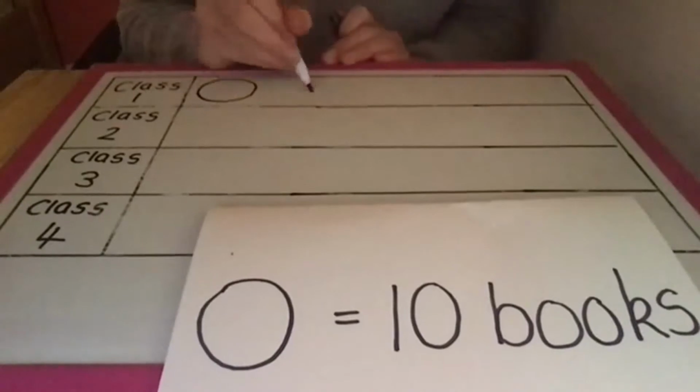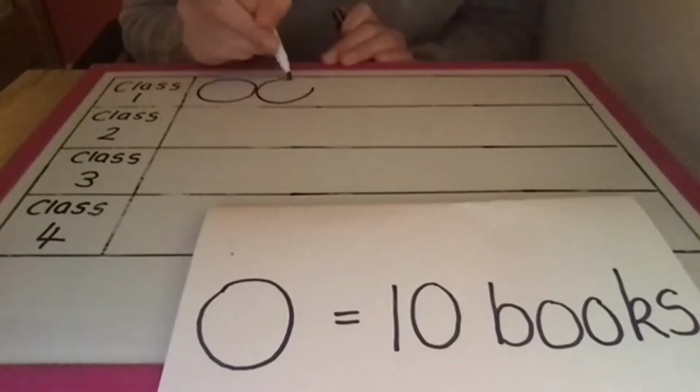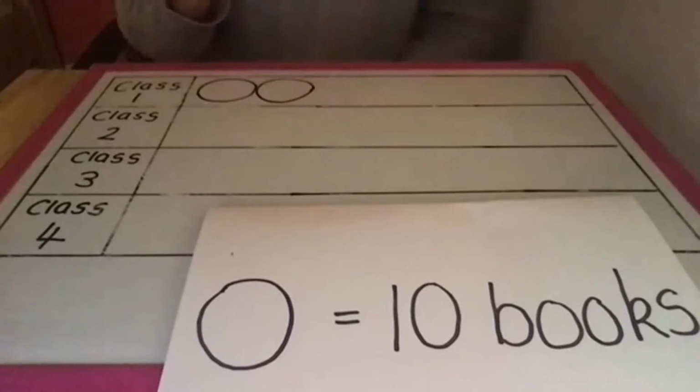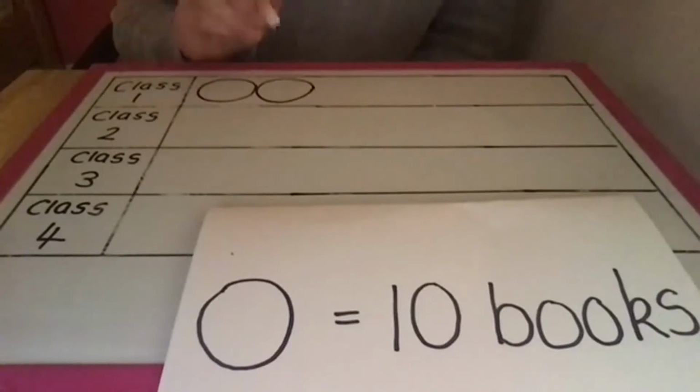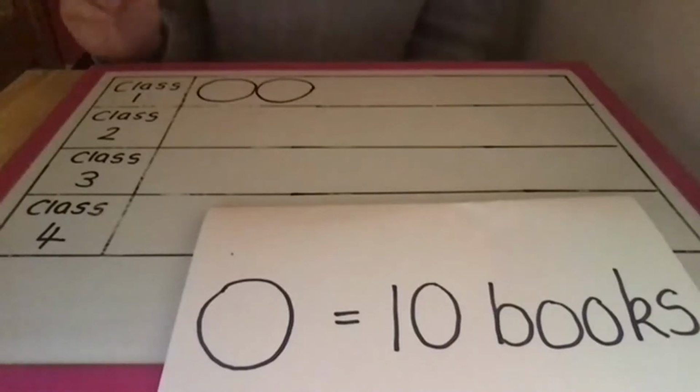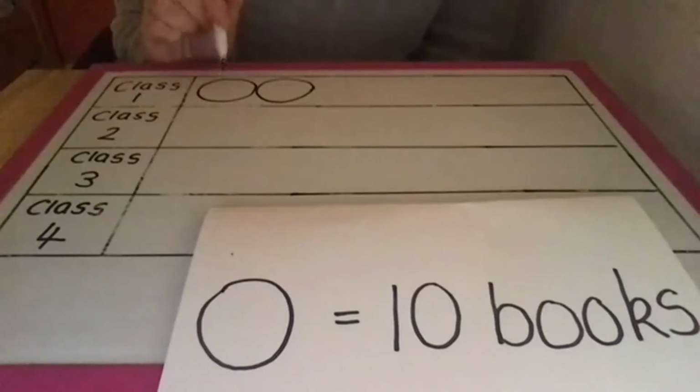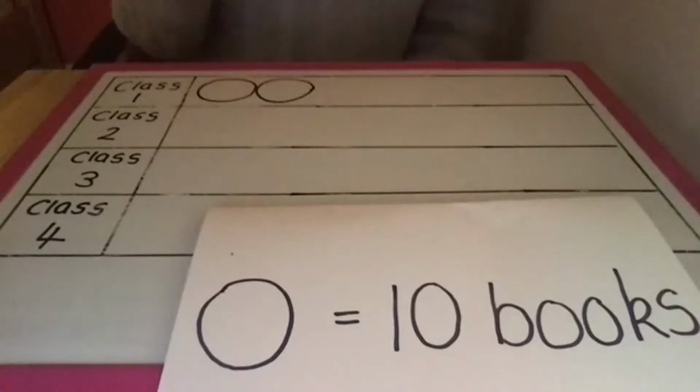Now let me draw another circle. Okay, so there's my next circle. So now I've got 10 books and 20 books. So there you go. I've had to draw 2 circles to represent 20 books that class 1 read because my first circle represents 10 books and then my second circle represents 20 books because 2 multiplied by 10 equals 20.